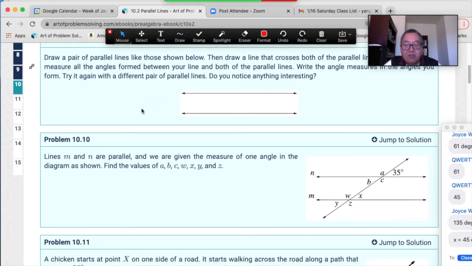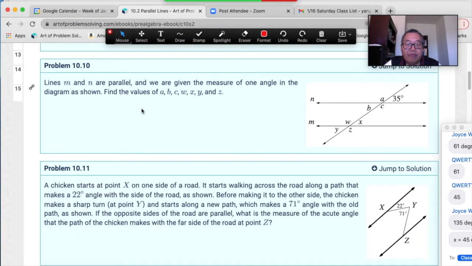Now let's go to number 10. See, this one, they give you 2 parallel lines, M and N. Then we have another line intersecting these 2 parallel lines. Then they form 8 angles. Then they give you this angle equals 35 degrees.